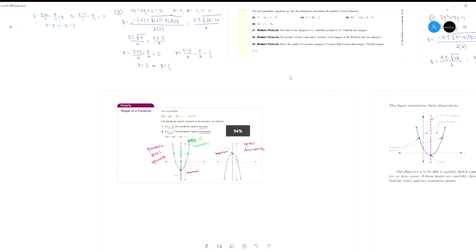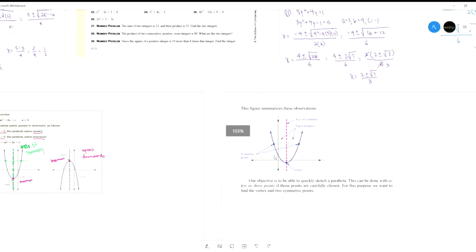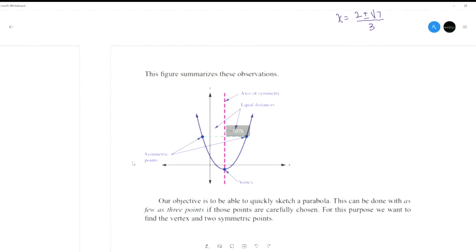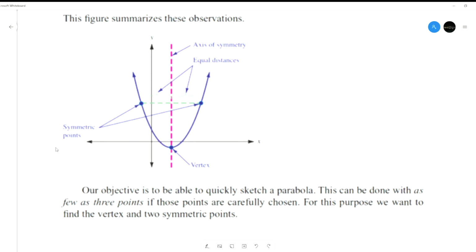let's move on to the next page. Oh yeah, here's exactly what I was talking about, right? So you can see the pink line here is the axis of symmetry. These points right here are called symmetric points, meaning if you go 5 units to the left and 5 units to the right, you get the same exact y value, right?